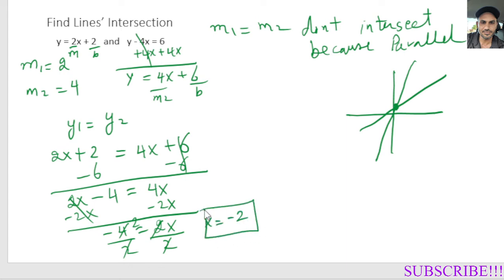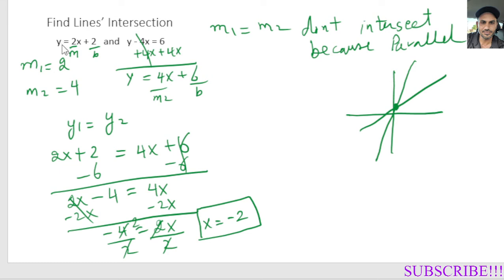This is the x value of the intersection. Now the next thing is finding the y value corresponding to this x value. We take this x value and plug it into either y1 or y2.